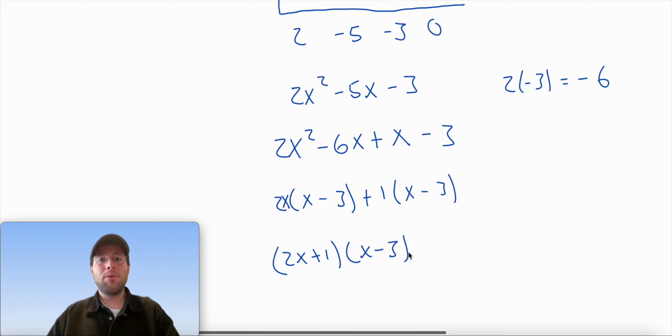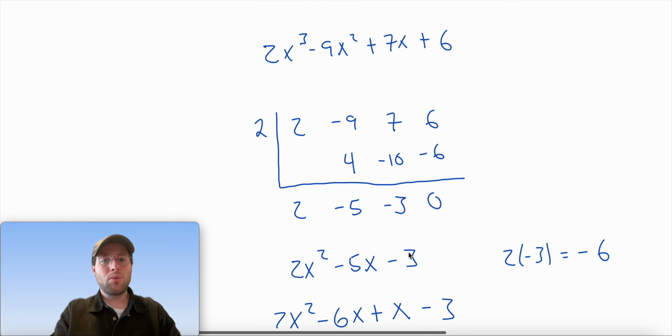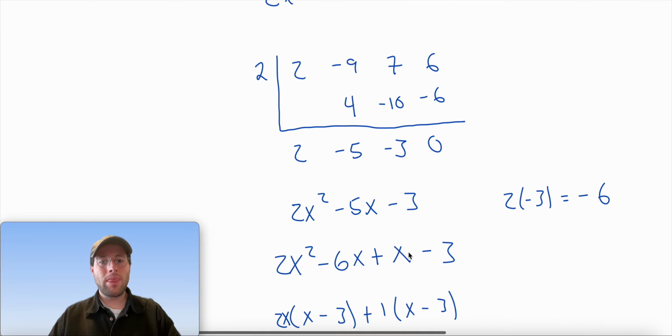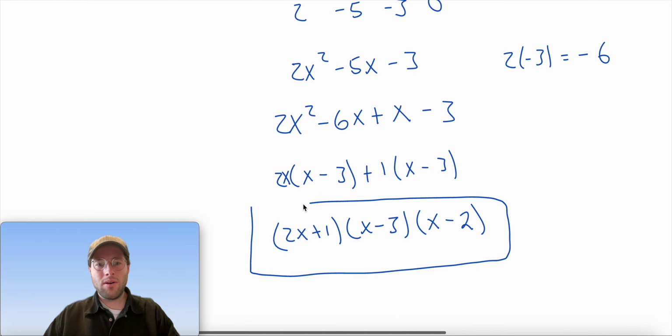And we have to keep in mind the factor that we pulled out earlier, which was the one when x equals 2. And so we're also going to include that one here, which will be x minus 2, because when x equals 2, that will become 0. All right, and that right there will be our final answer.